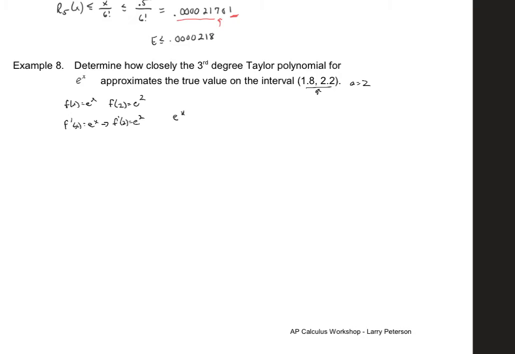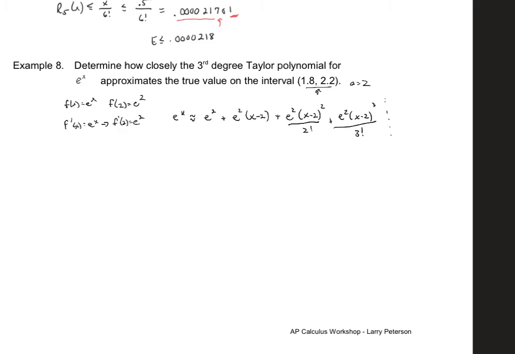So our third degree Taylor polynomial, we're going to go out until we get an x to the third. So we're going to start with f of 2, which is e squared, and then we're going to get the first derivative, which is e squared times x minus 2 to the first, plus then we're going to get e squared times x minus 2 to the second over 2 factorial, and our third degree term is going to be e squared times x minus 2 to the third over 3 factorial.